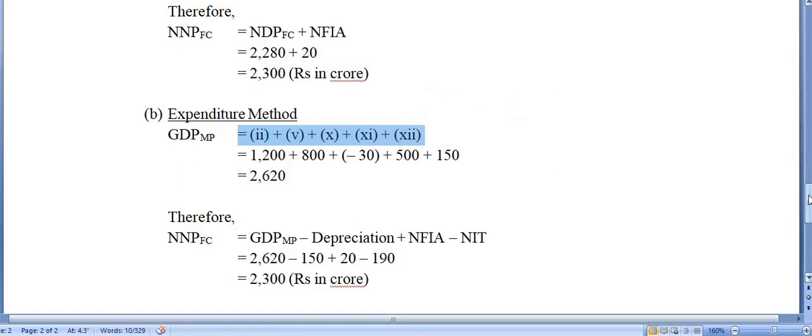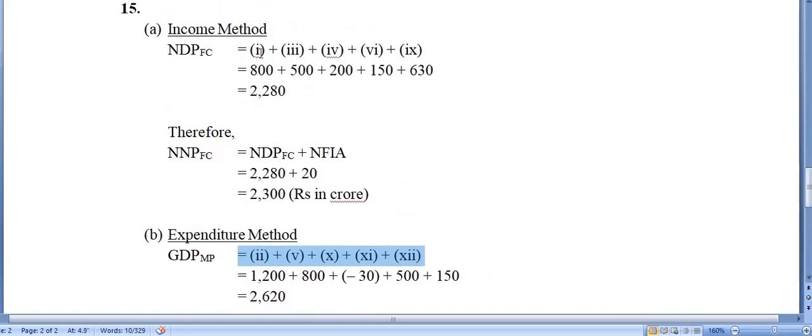Now whatever variables you already used in the income method will not be included. Does it mean that you need to include all the items that are left over? No, read the question properly first, because there may be a chance of double counting, just like in the case of insurance. So please read the question from the very beginning.